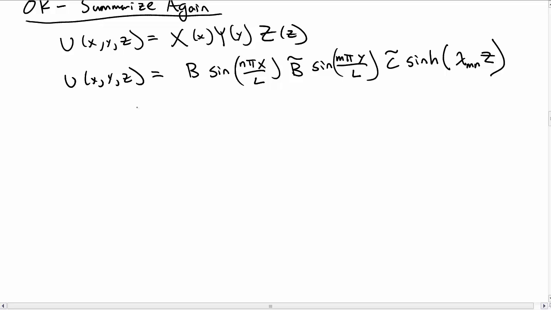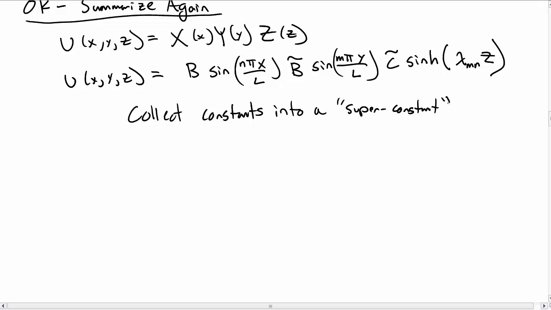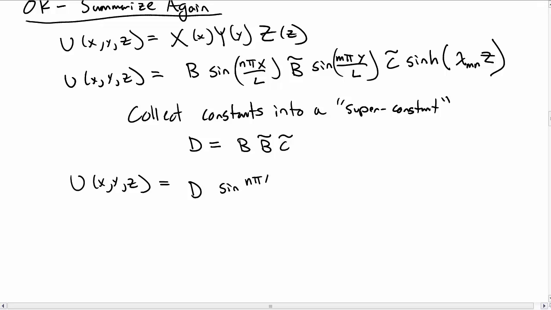It's useful, we can just collect all of these unknown constants into some kind of superconstant, where the superconstant d is just equal to b times b twiddle times c twiddle. Okay, so we really only have one unknown constant in all of this. So u is just d times our sine functions and times our sinh function.